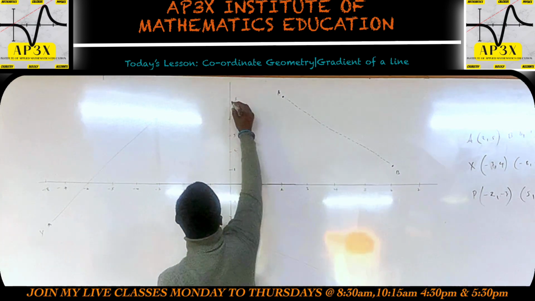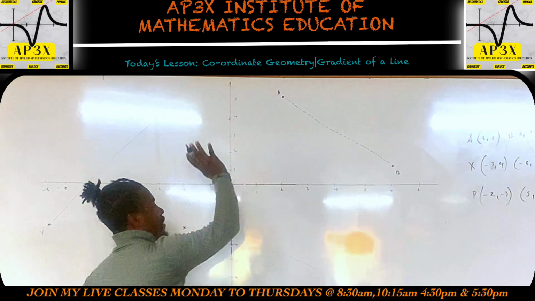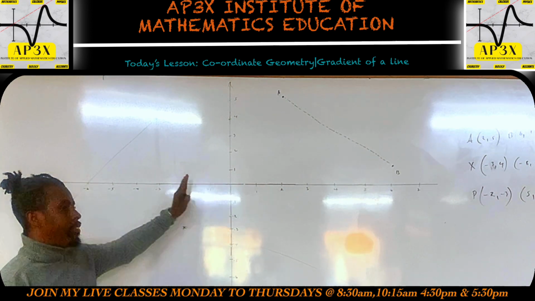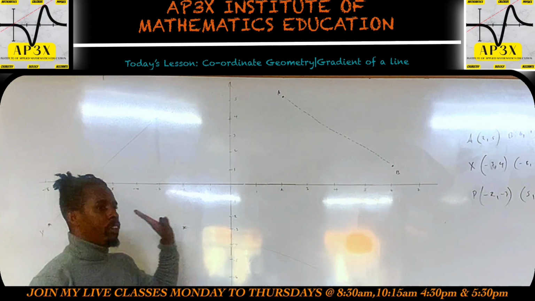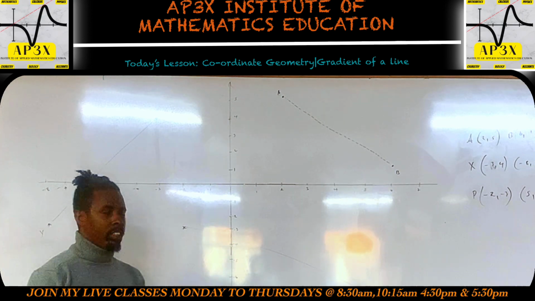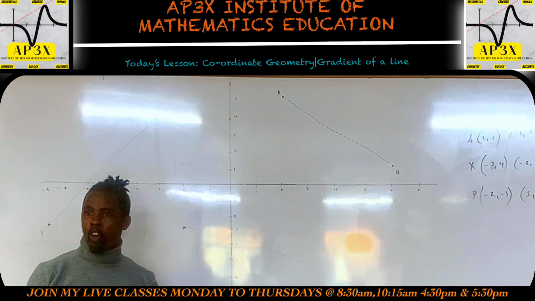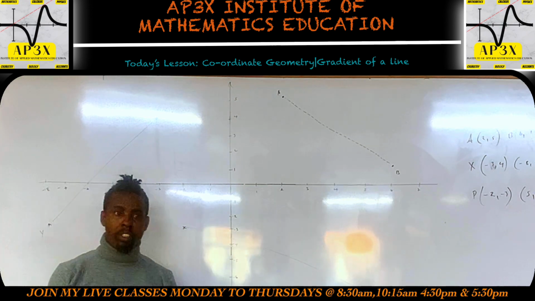Going up, positive integers; going down, negative integers; going to the left, negative integers; going to the right, positive integers. We learned that the center is known as the origin, and the coordinate of the origin is 0, 0.